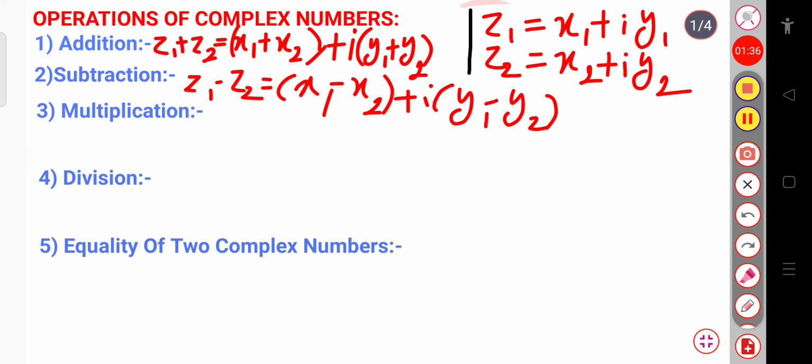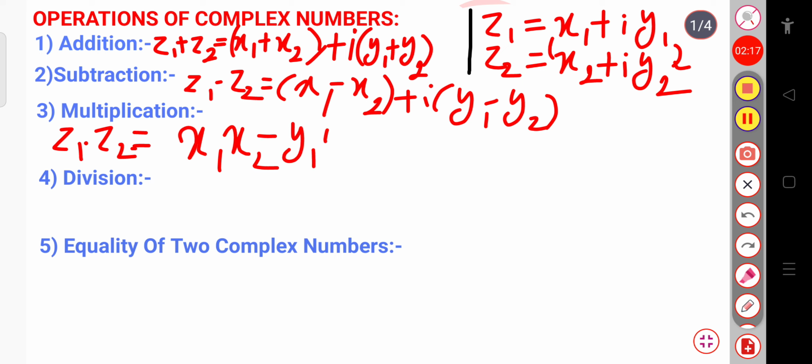Okay. Now, for the multiplication, we have to multiply z1 with z2. I am directly writing that you can see that during every operation, that is addition, subtraction, multiplication, division, we have to take the real part first, that is x1 into x2, and when you multiply i into i, that becomes i squared, which is minus 1, so this will be minus y1 into y2.